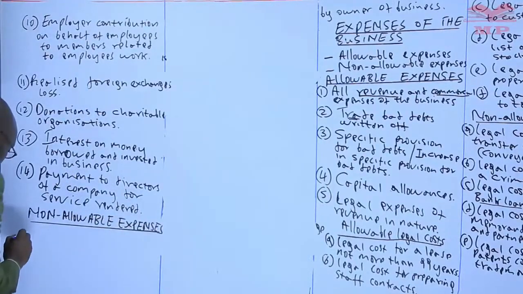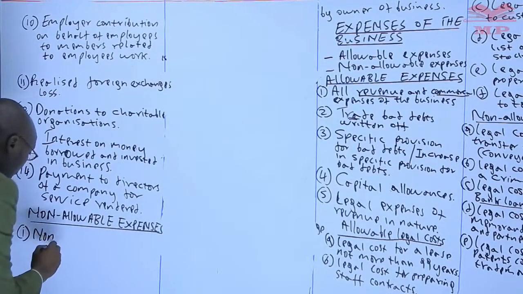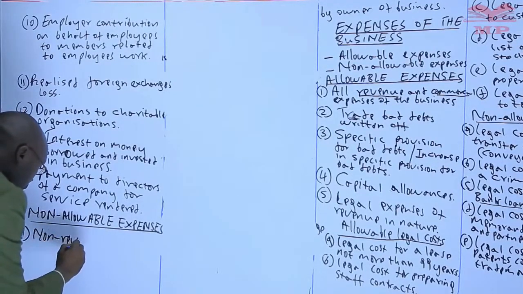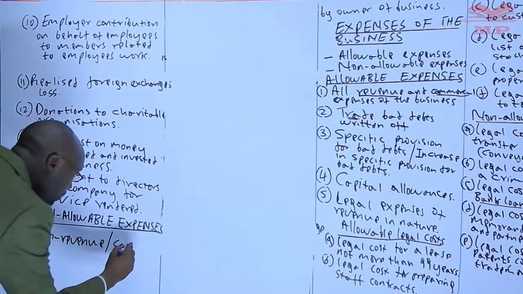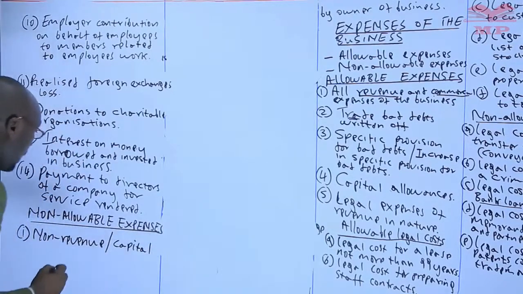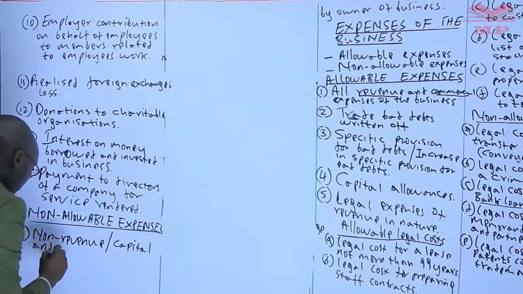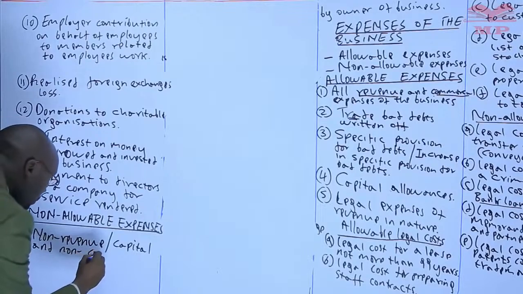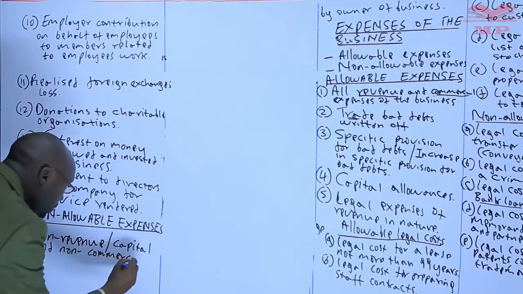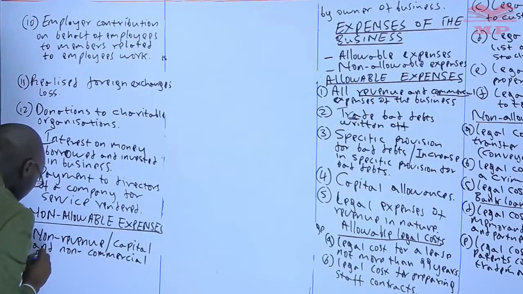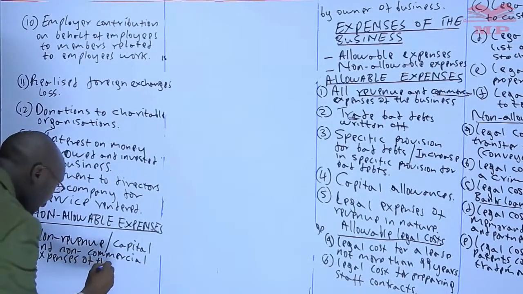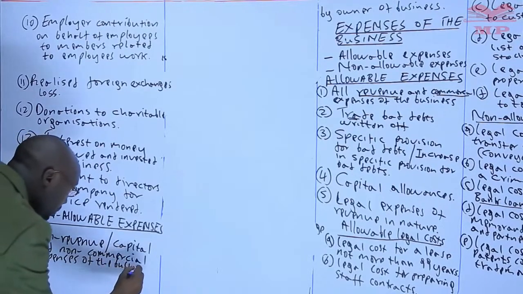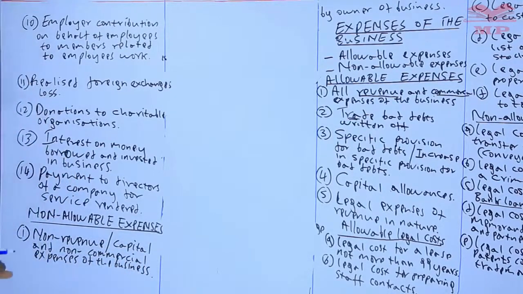We have number 1, non-revenue stroke capital and non-commercial expenses of the business. That is number 1.